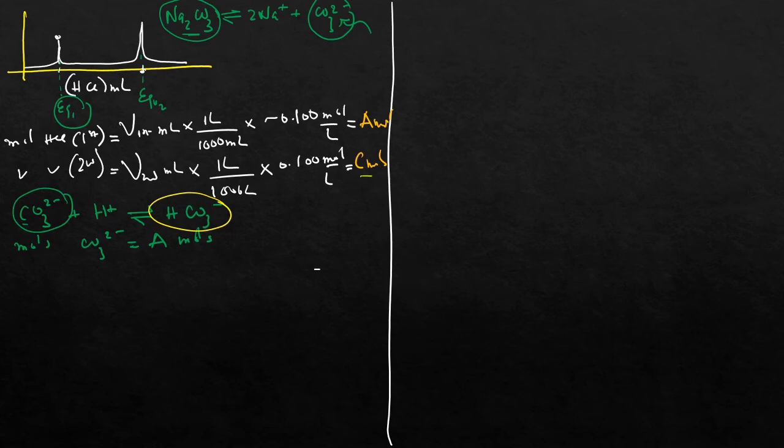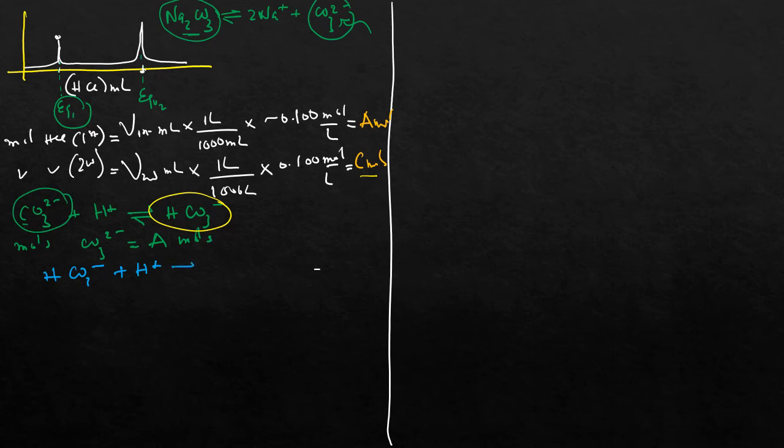Now, this is moles of the acid at the second equivalent point. And at the second equivalent point, the reaction occurring is the transformation of our bicarbonate to what?